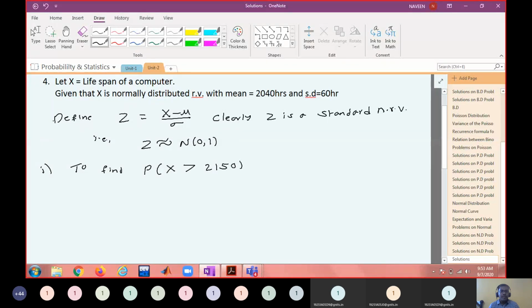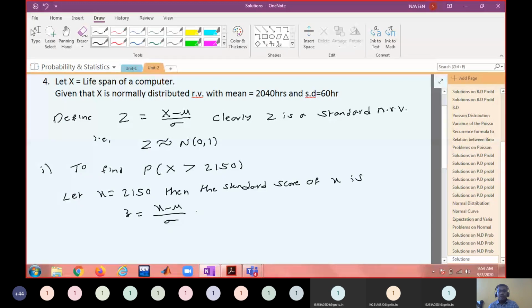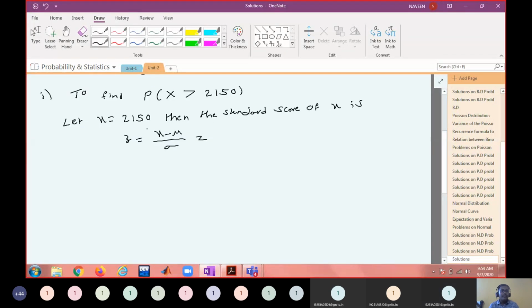Assume that x equal to 2150. Then what is the standard score? The score of x is z equal to x minus mu by sigma.